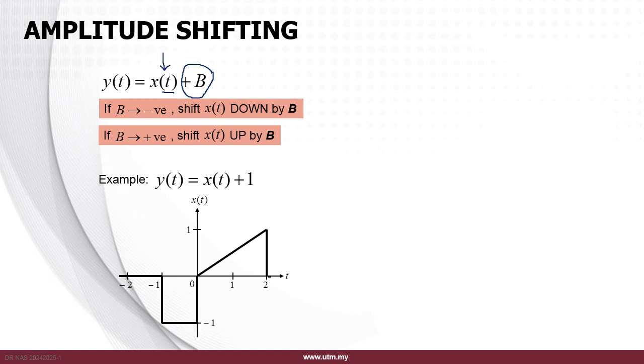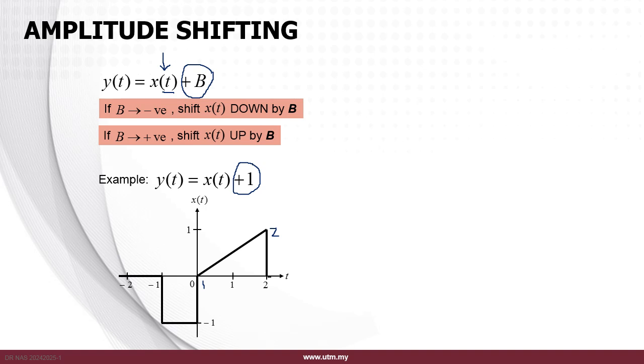Right, so this is the original signal. So what happens when you have amplitude being shifted up? It is not scaled up, it is shifted up by 1. So the original amplitude 1, now the new amplitude becomes 2. The original amplitude at point 0, now the new amplitude is at point 1.